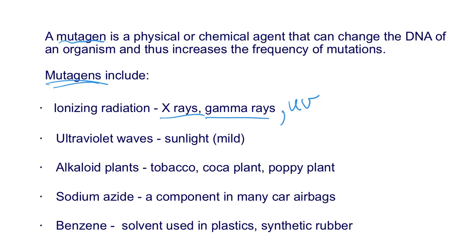So too much radiation can upset the DNA, knock out nucleotides, and so random nucleotides will be deleted in DNA that's already formed. It's already been replicated. So those templates will be messed up. Okay, tobacco, all kinds of drugs can cause mutations.